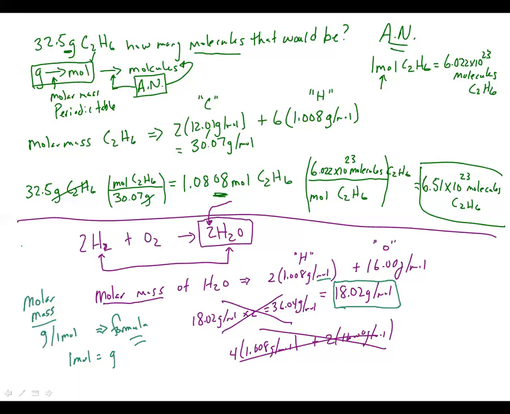If I had to do the molar mass of H2 in this formula, it would be just 2 times 1.008 grams per mole, which is the mass of the hydrogen. That extra 2 in front has no effect on the molar mass, and it would be 2.016 grams per mole.